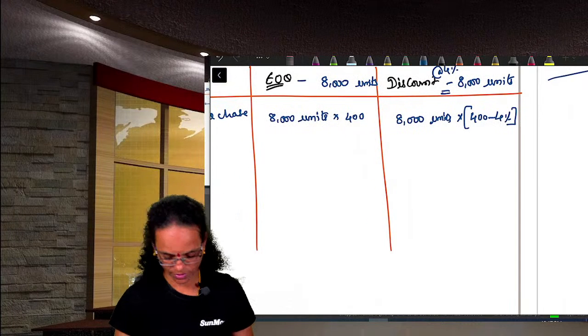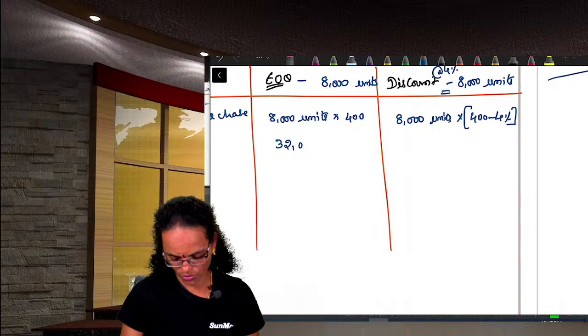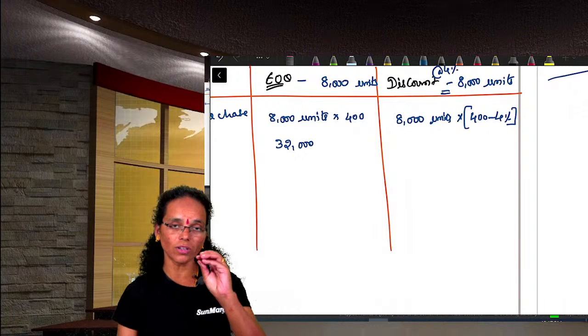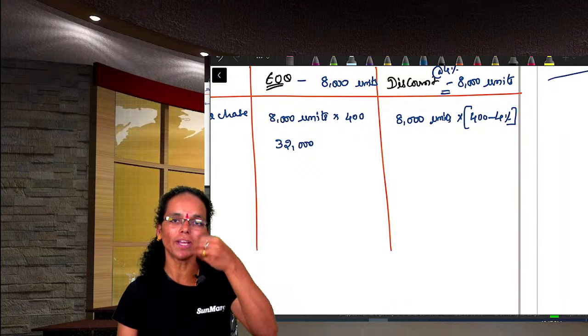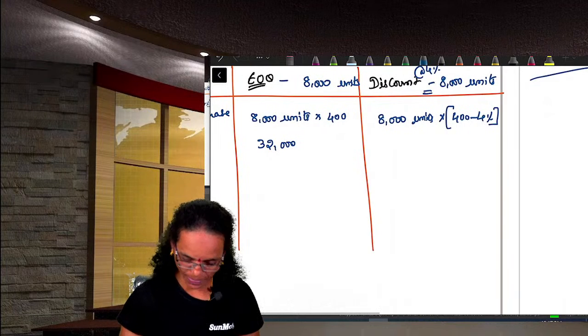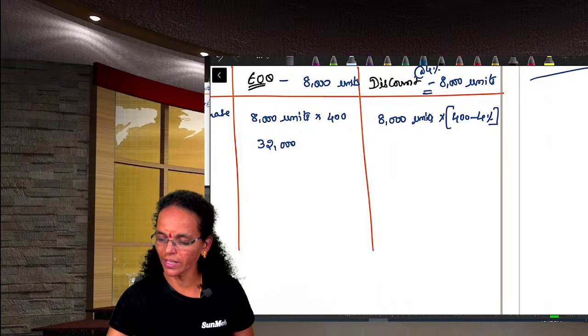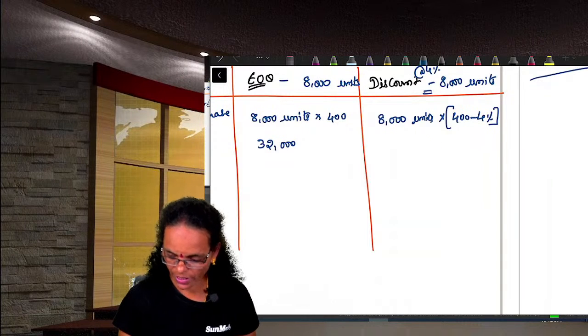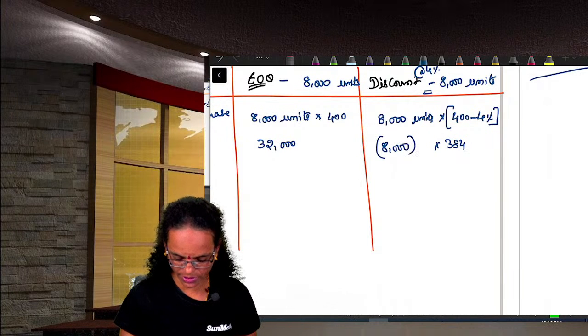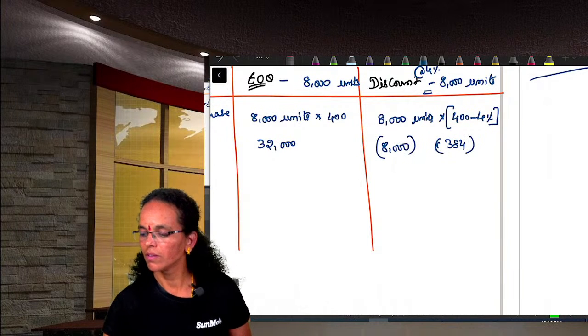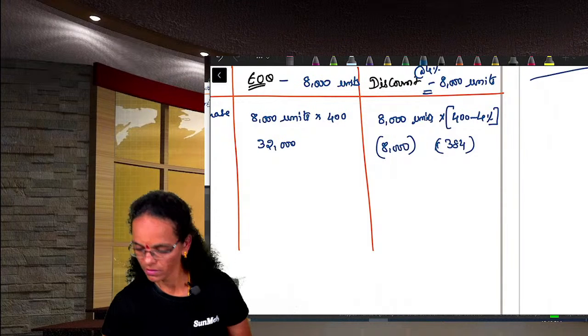This amount we are paying to vendor. Here 400 minus 4% you will get 384 into 8,000 units.